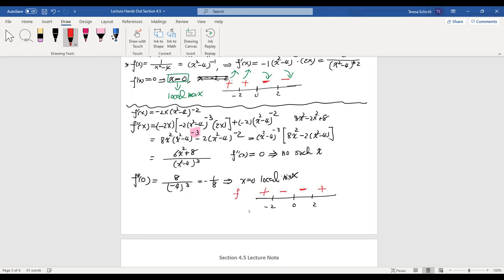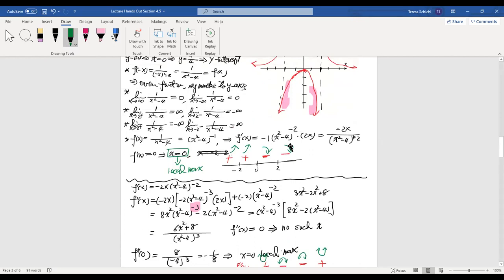So this is my second derivative, right? Now we know where the second derivative is positive, it is concave up, and where it is negative, it is concave down. So we're concave down between -2 and 2, and concave up from 2 to infinity and from -infinity to -2.